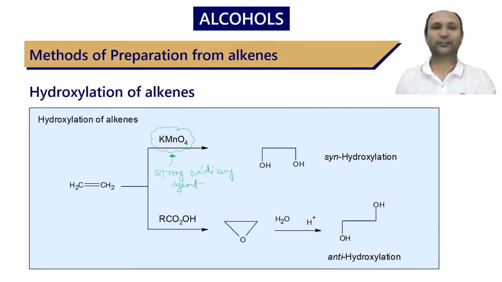Now this is so strong that it oxidizes the carbons at both the positions in the double bond, and therefore we are able to obtain a diol, which is also called a glycol.